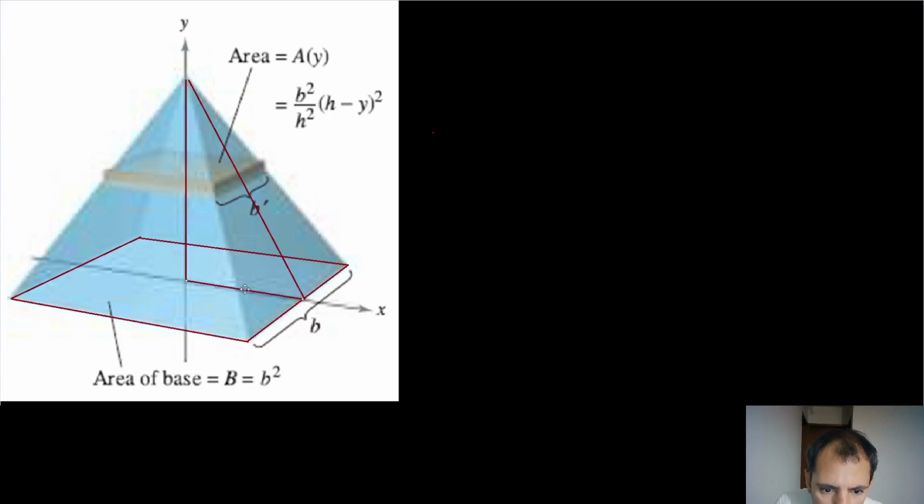This is going to be b divided by 2, and all you have to do is multiply it by 2 and you get b. But you can see that this length is varying linearly according to the height. Over here it's going to be like this, and over here like this, and over here like that.